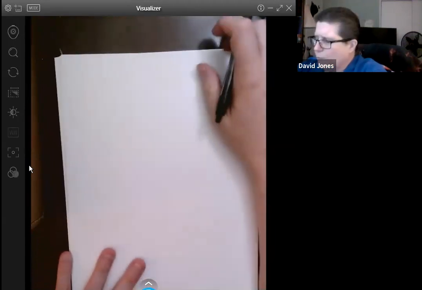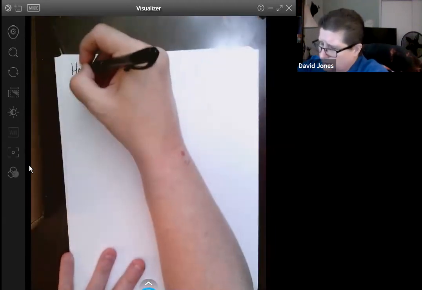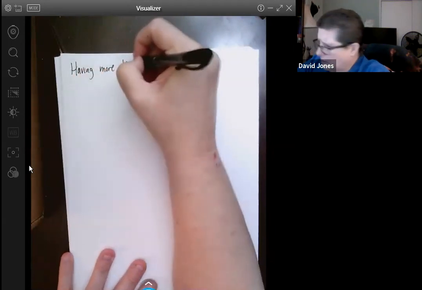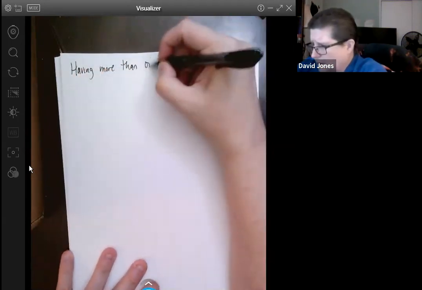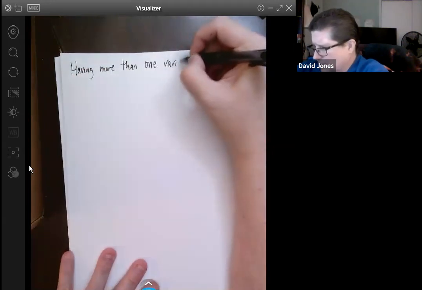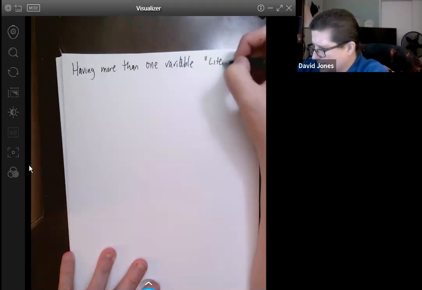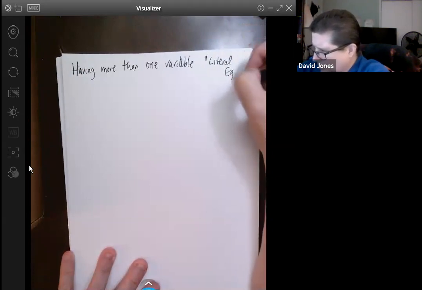So if we have more than one variable, they call these literal equations. I'm not sure why.